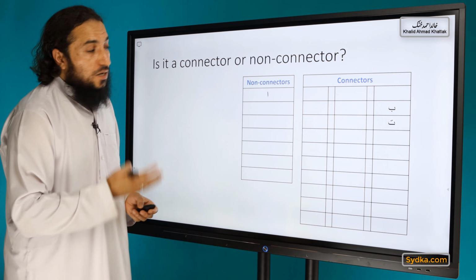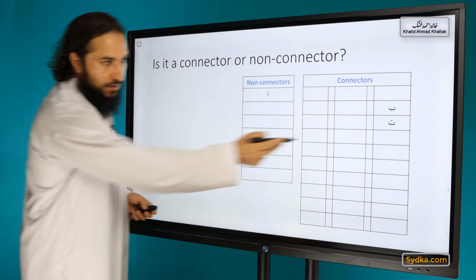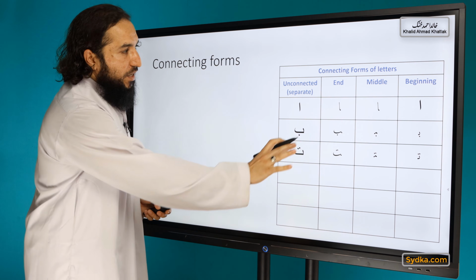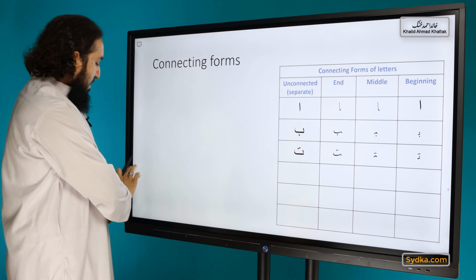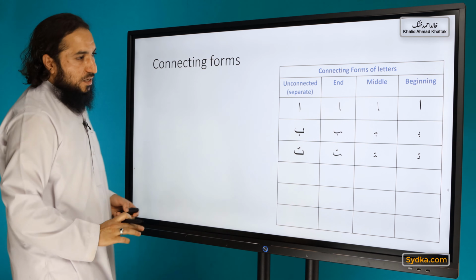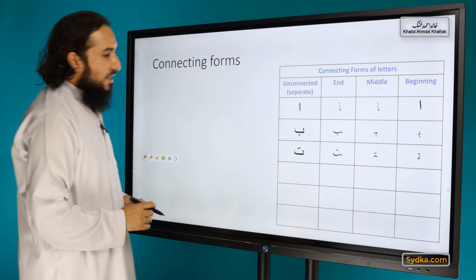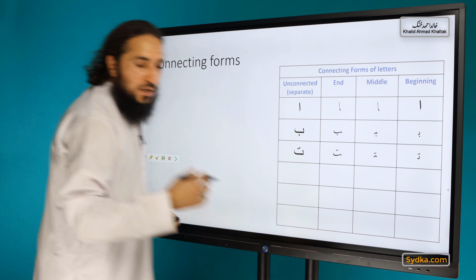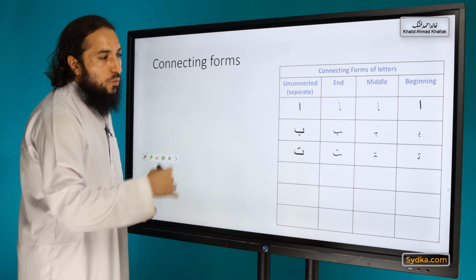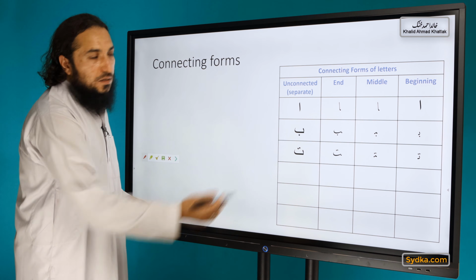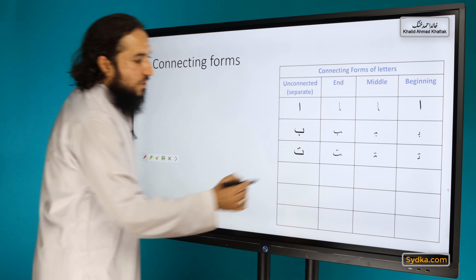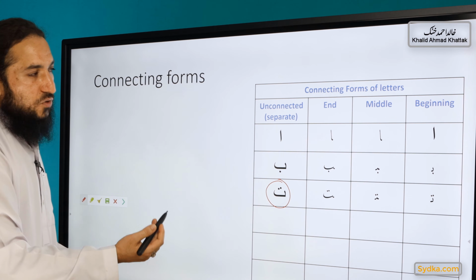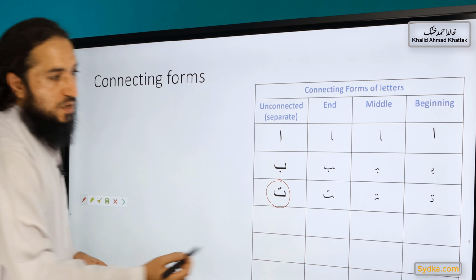Is it a connector or non-connector? It is a connector. Why? Because its connecting forms prove that it is a connecting letter. When it is written separately, it looks like this.